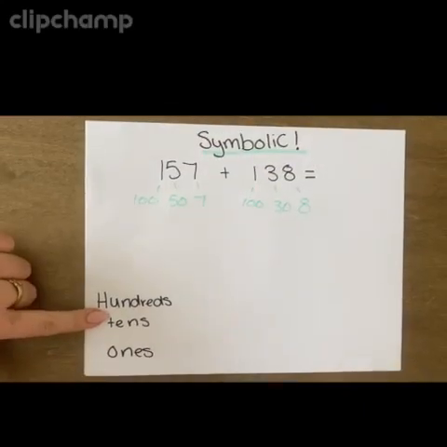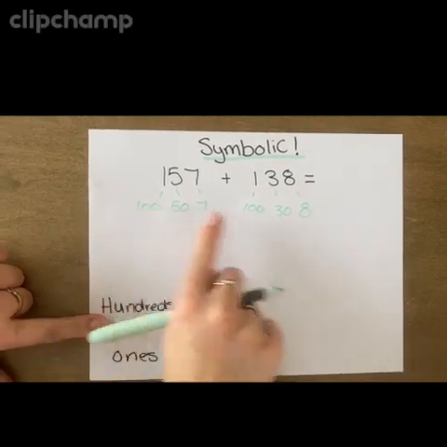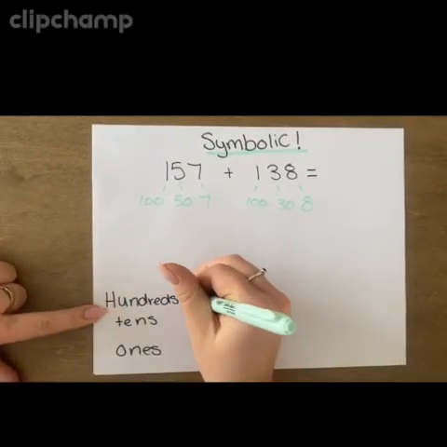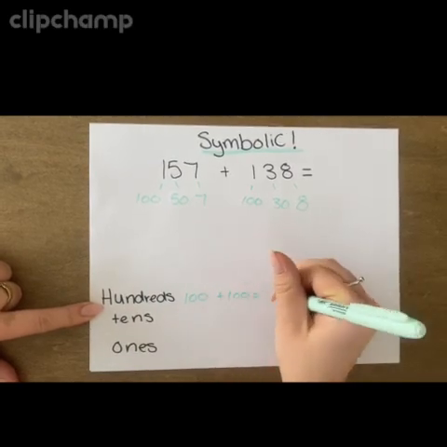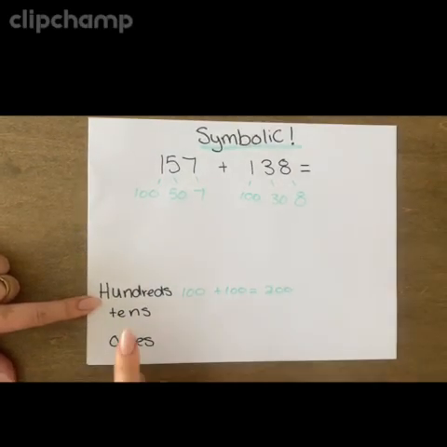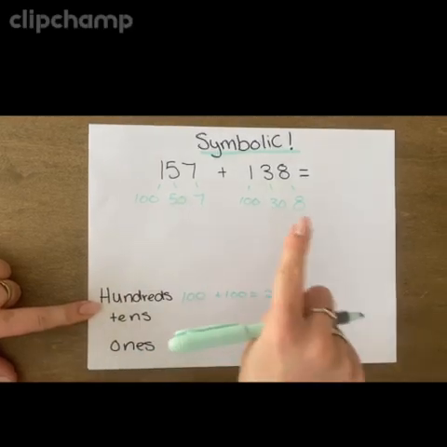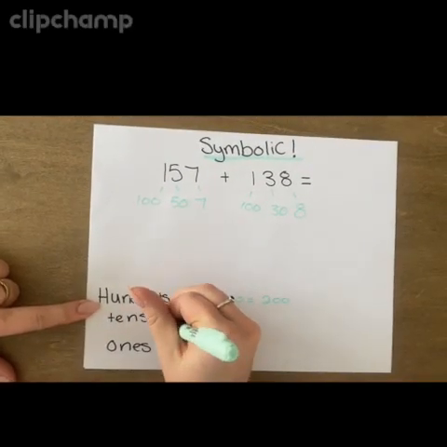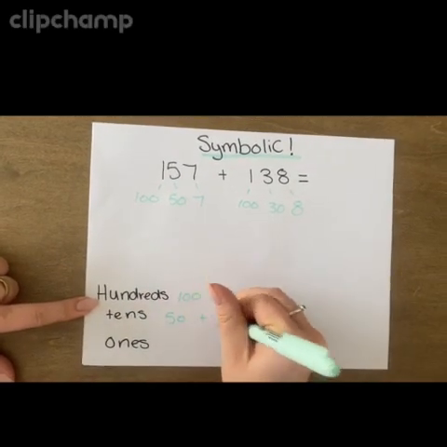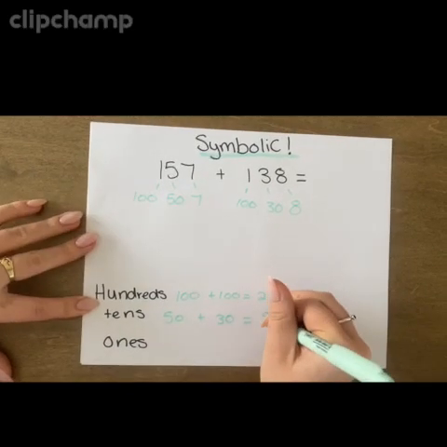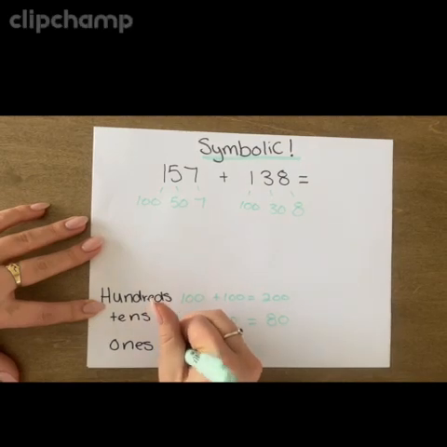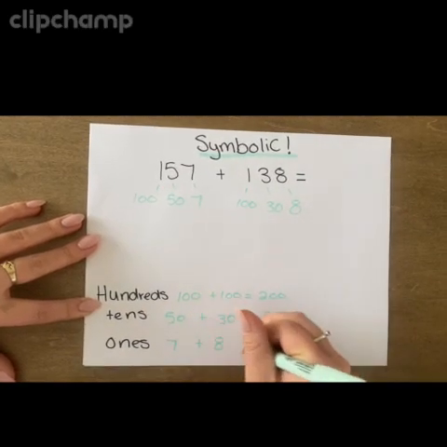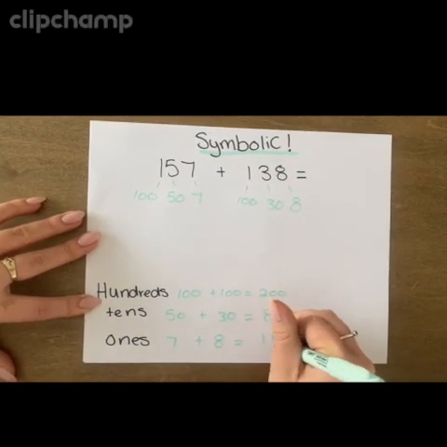Then we will go down to our hundreds and take our hundreds from either side. So we have 100 plus 100 equals 200. And then we'll go to our tens. So 50 plus 30 equals 80. And then finally for our ones, we'll do 7 plus 8 equals 15.